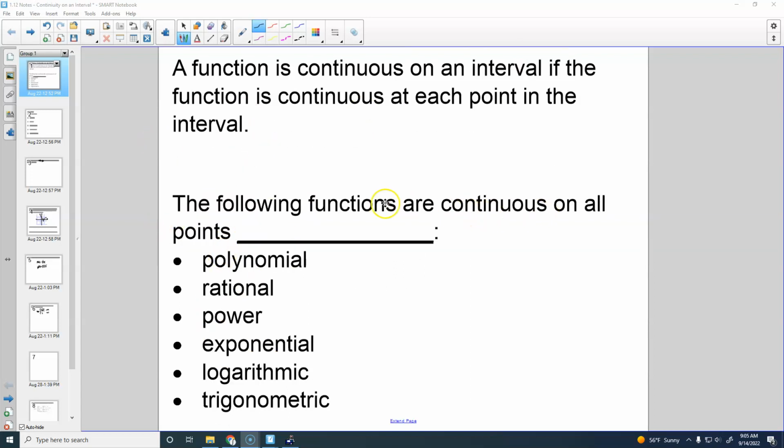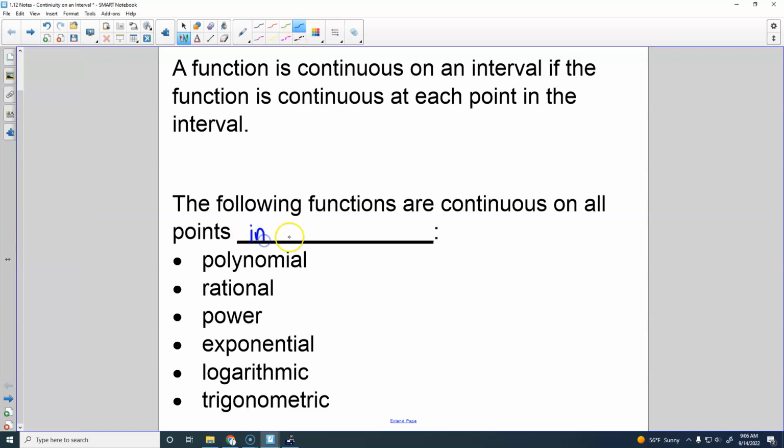The following functions are continuous on all points in their domain. Or maybe the domain would be more grammatically correct to say there.